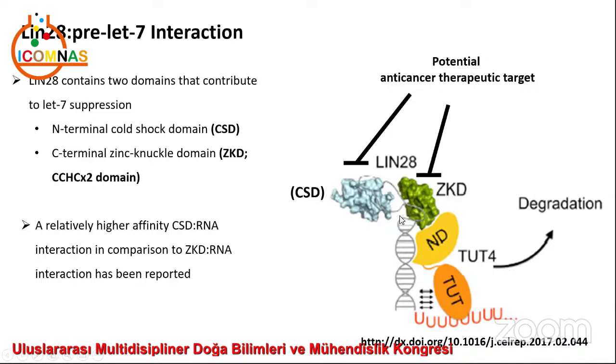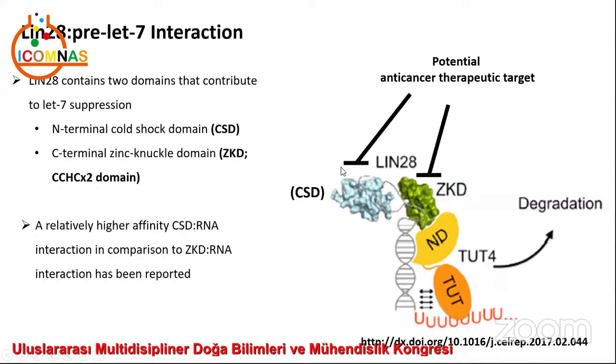In the literature, recent studies found that there's a relatively higher affinity between this cold shock domain and the microRNA in comparison to the zinc knuckle domain interaction with the RNA.